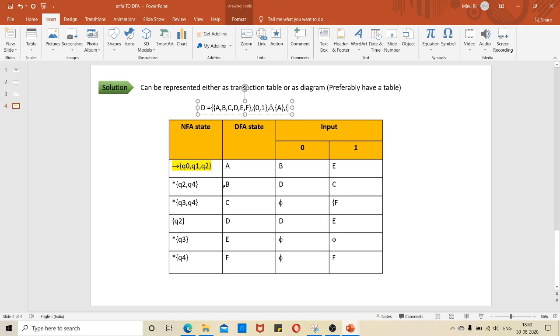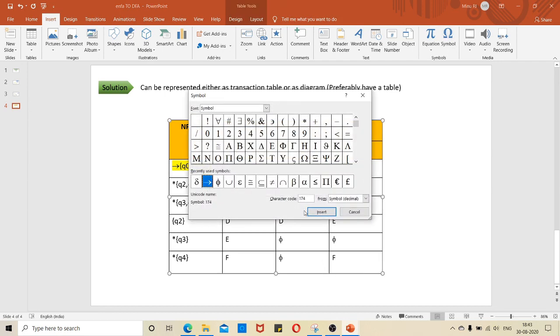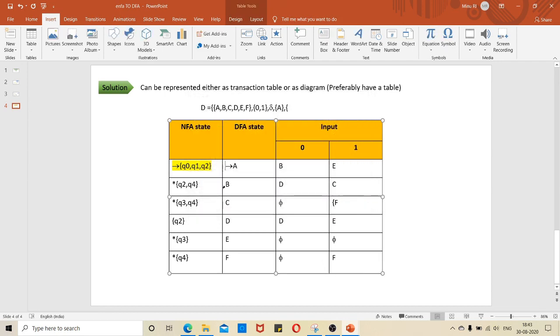And the set of final states. Here also we can mark the arrow symbol, and the final state is starred. B is one of my final states, C is one, E and F. So my final states are B comma C comma E comma F. So this is my DFA.